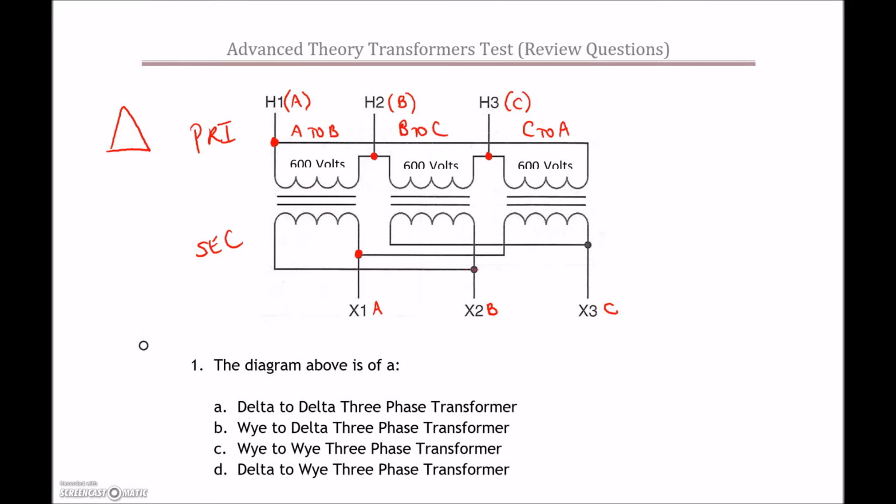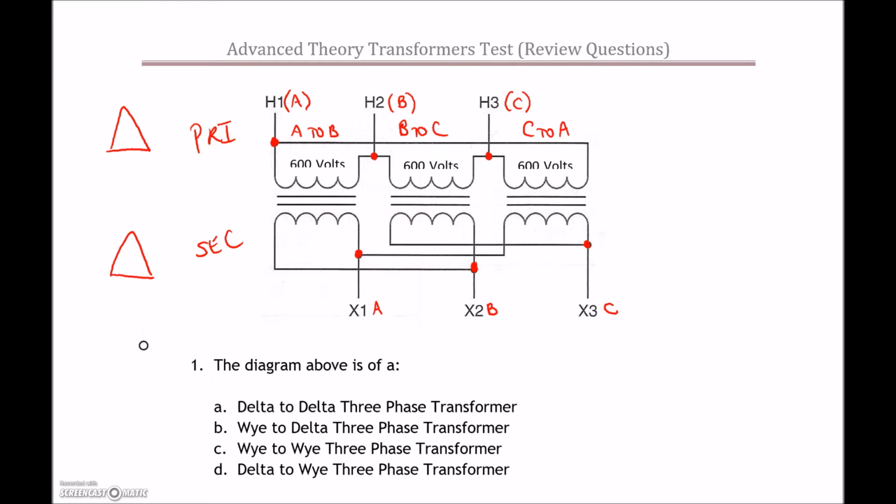Then over here, we've got this side of the winding referencing B. The other side of the winding is referencing C, so this is A to B, B to C, and this guy is C. And the other side is going all the way back to A. So the secondary is also a delta.